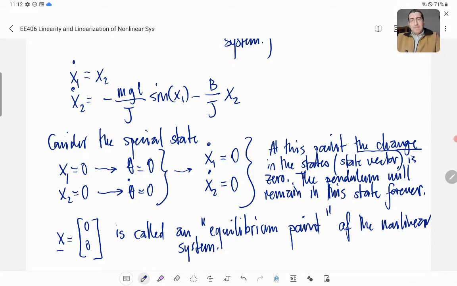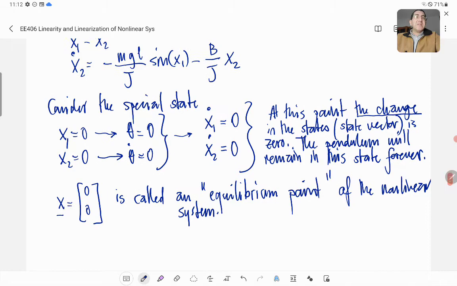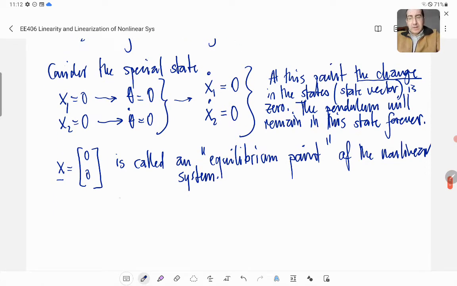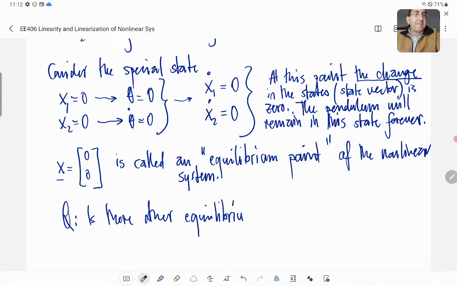Now, there can be other equilibrium points, okay? So a reasonable question is, are there other equilibrium points? Okay? And the answer to that is yes.